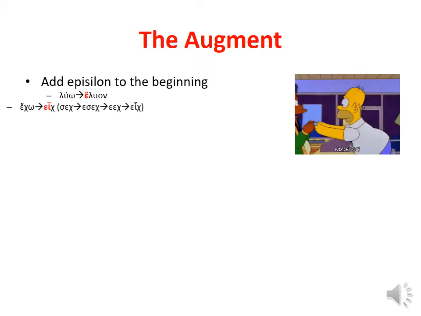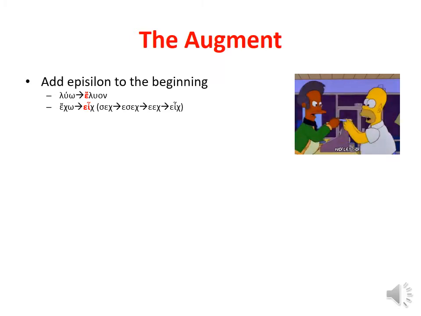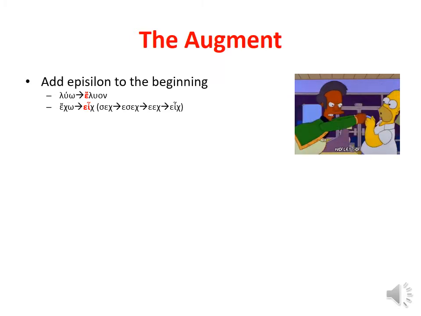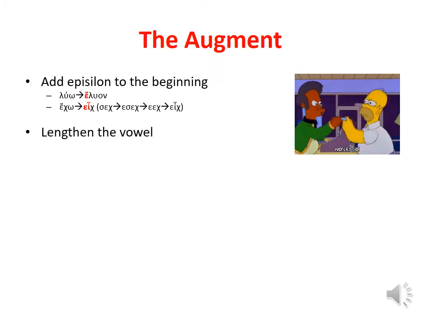Now remember the rules for the augment. Typically an augment simply consists of the addition of epsilon to the beginning of a word with smooth breathing. So luo when the imperfect became eluon. Echo became acon because of contraction when the epsilon was added.